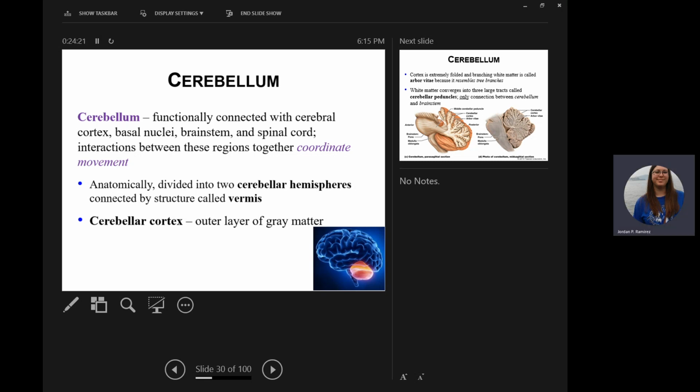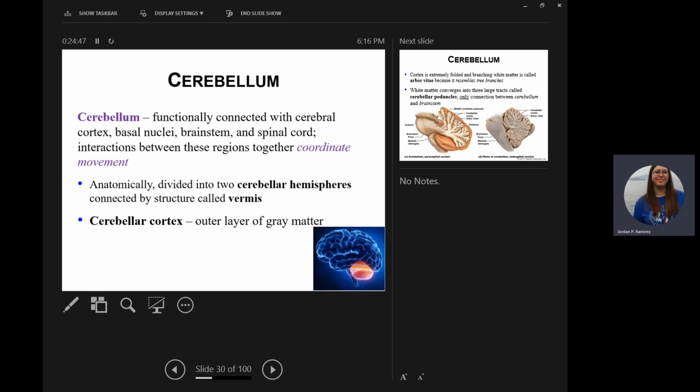The cerebellum is functionally connected with the cerebral cortex, the basal nuclei, the brainstem, and the spinal cord. Interactions between these regions coordinate movement. Overall, the cerebellum makes your movements smooth and even, not jerky and jumpy.